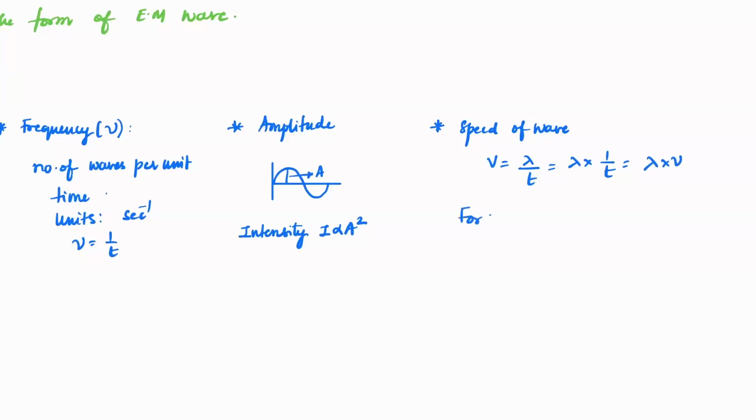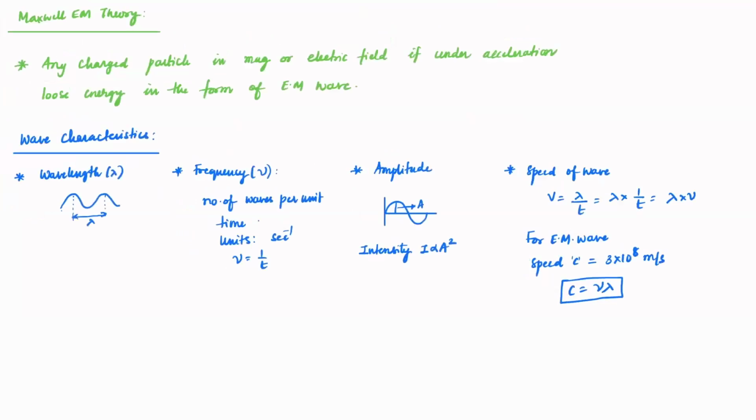For an electromagnetic wave, the speed is observed to be a constant value, which we represent as c, equal to 3 into 10 raised to the power 8 meters per second. So c equals nu lambda, and this value is always constant in vacuum.